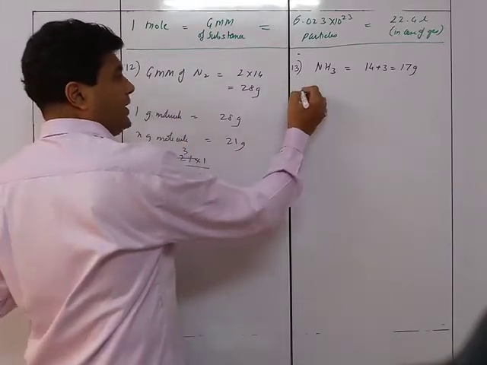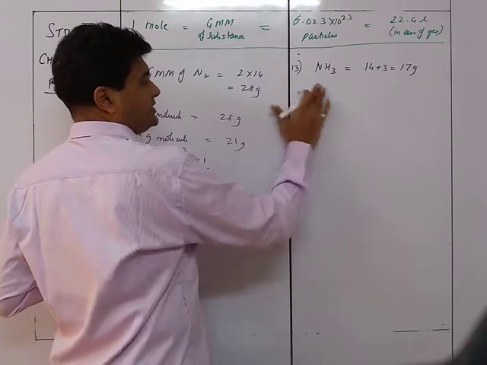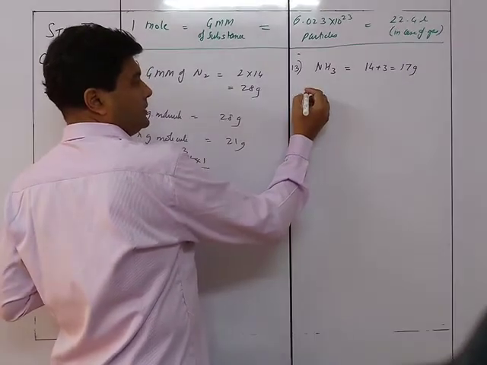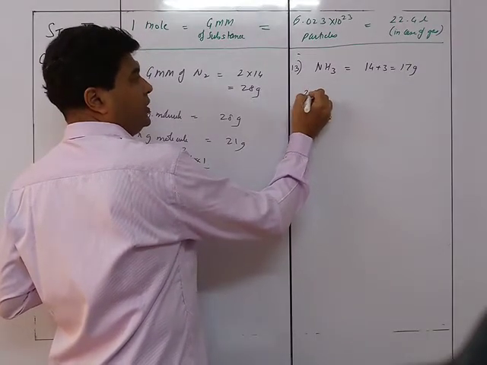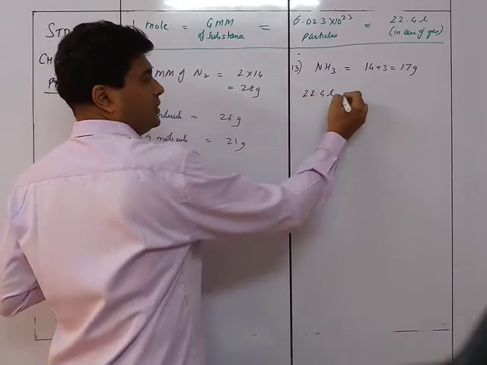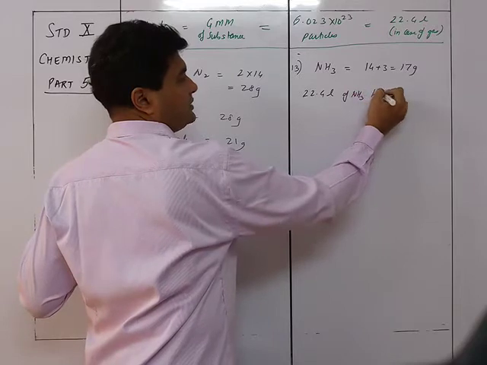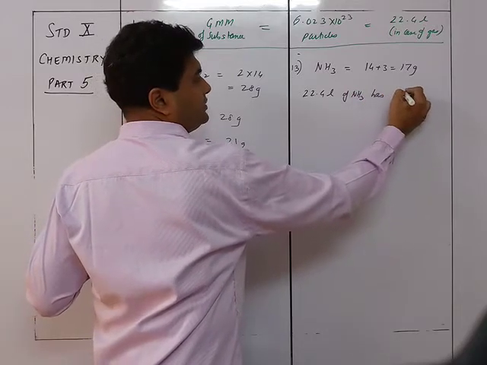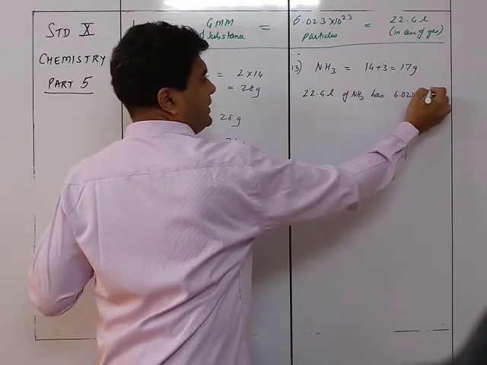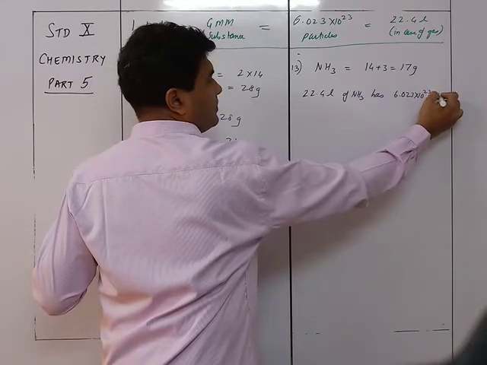We know that 22.4 liters of ammonia has 6.023 into 10 raised to 23 molecules.